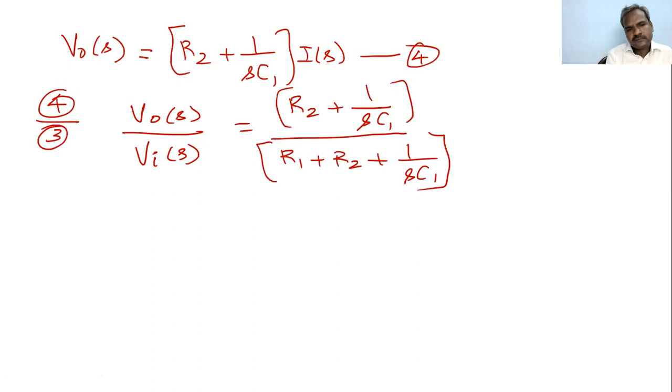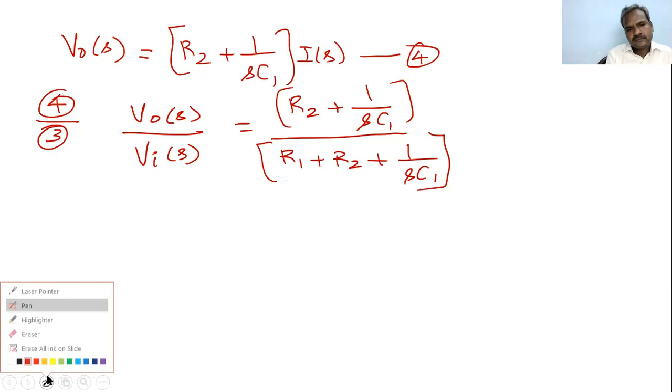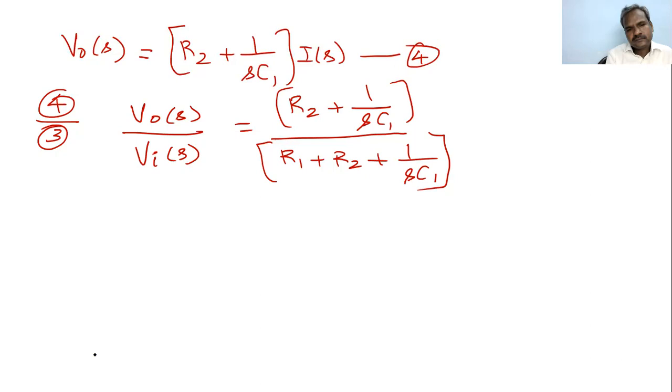Now I am going to manipulate this relation, the numerator and denominator, by bringing the S here. Taking R2 as a common term in the numerator gives S plus 1 by R2 C1.